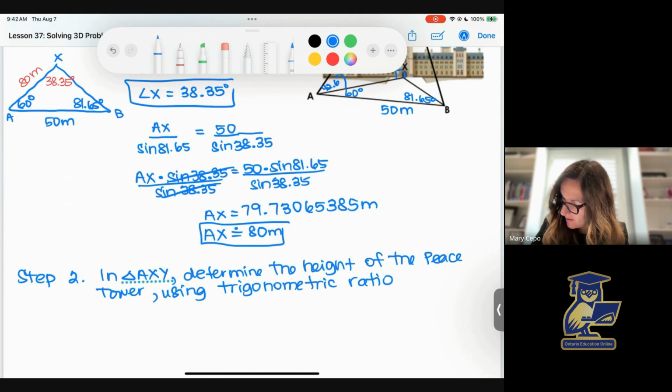And remember, height is XY, that length. Trigonometric ratios. And I'm going to just remind us, TOA.